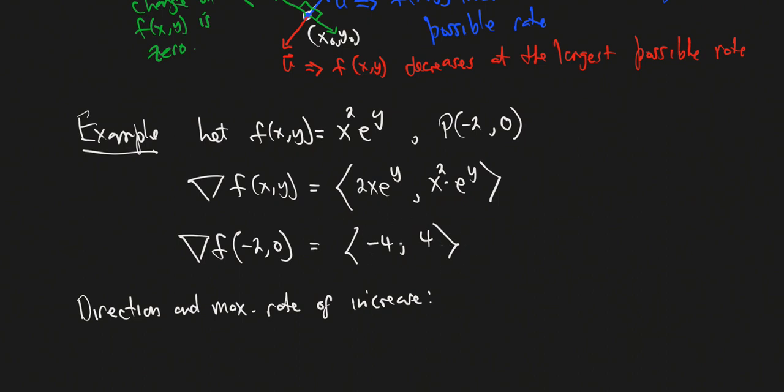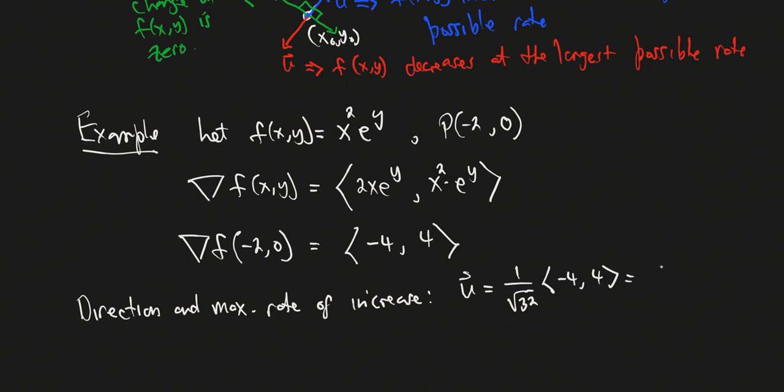And let's say we wanted to define what the u should be. Now the u has to be a unit vector, so we're going to go ahead and normalize it. The direction would be u equals, now the magnitude of this is the square root of 32. I'm not going to simplify it, but I'll have 1 over root 32 times (-4, 4).